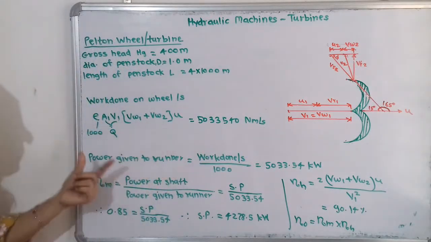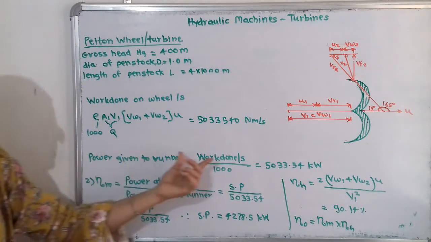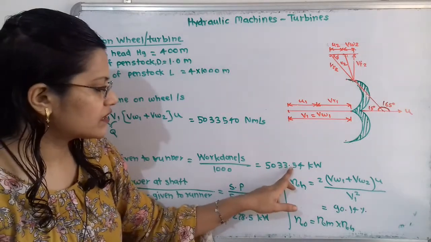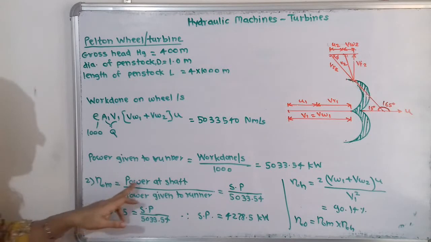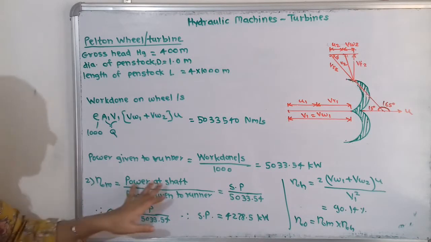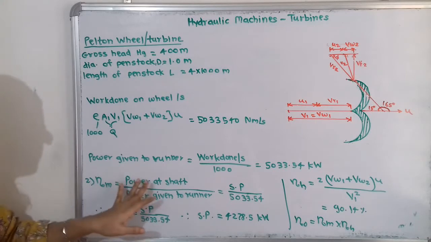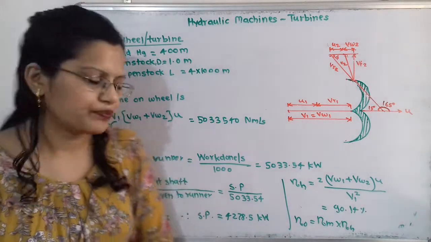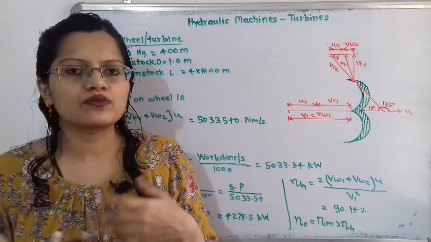Now from that we can calculate the power given to the runner. What is the power given to the runner? That is work done per second divided by 1000, that is 5033.54 kilowatt. Now we will calculate the power at the shaft. Mechanical efficiency eta is equal to power at the shaft divided by power given to the runner. So we can also say efficiency is equal to output by input.